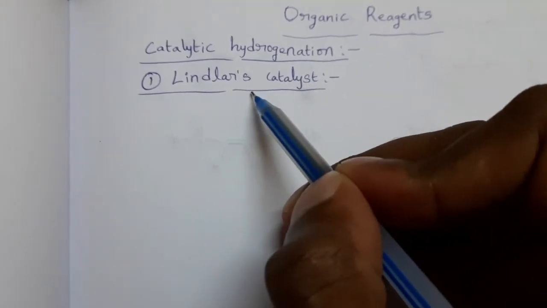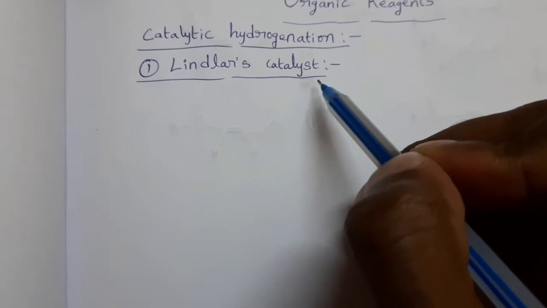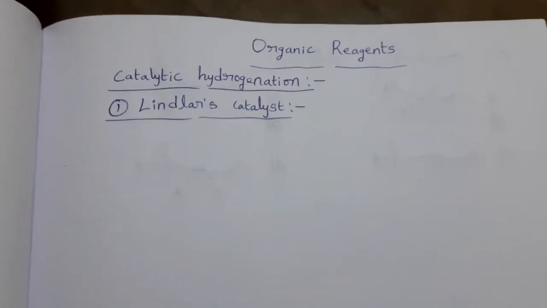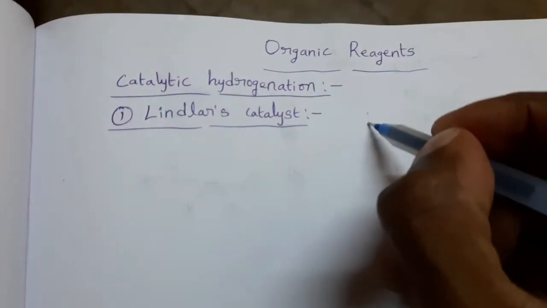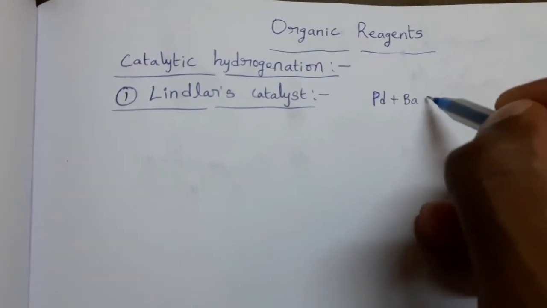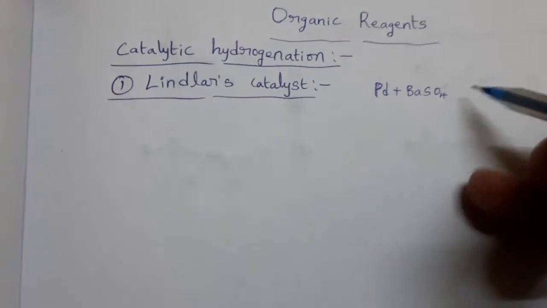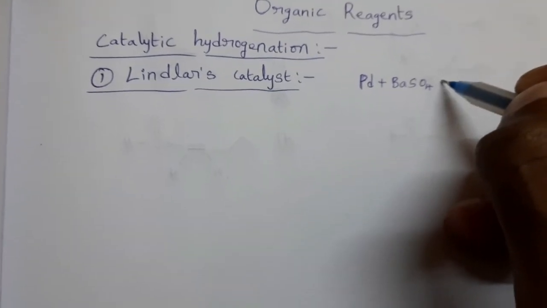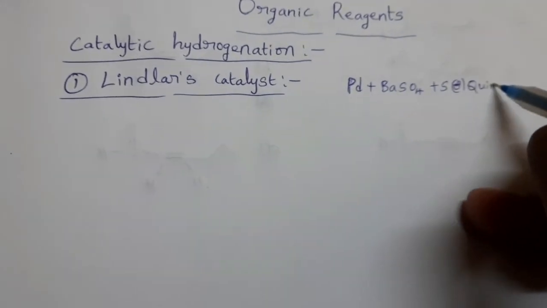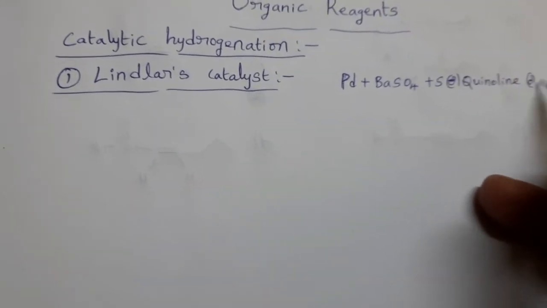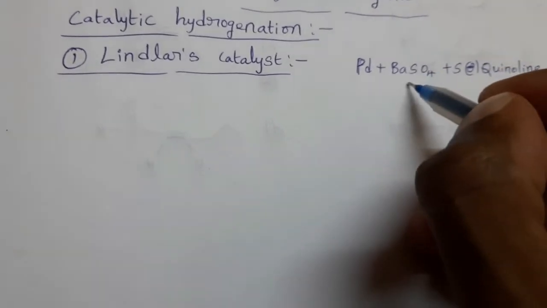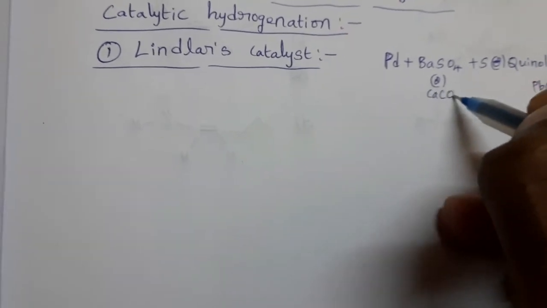One is using Lindlar's catalyst. What is this Lindlar's? Lindlar is a scientist's name. What is this Lindlar's catalyst? It is the combination of palladium catalyst supported by barium sulfate and partially poisoned by sulfur or quinoline or PbCO3, lead carbonate, here supported by barium sulfate or calcium carbonate.